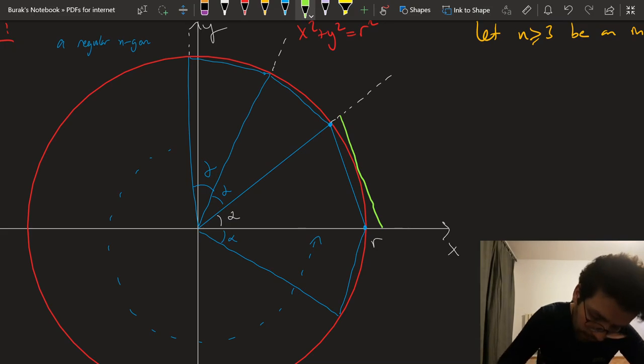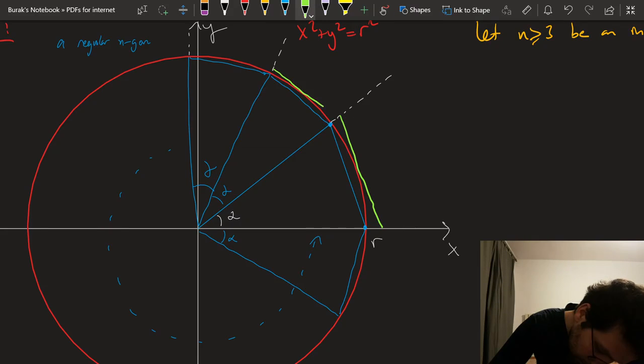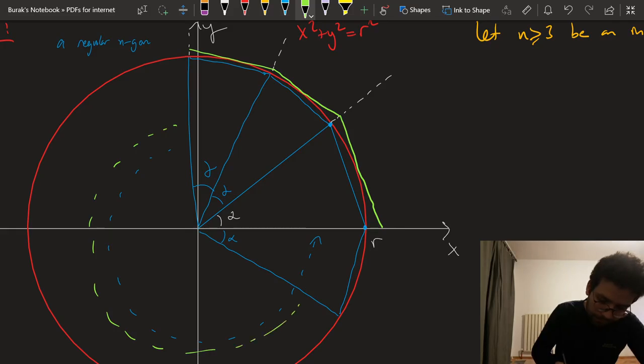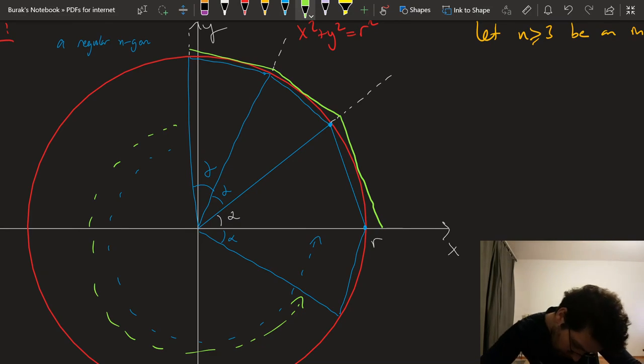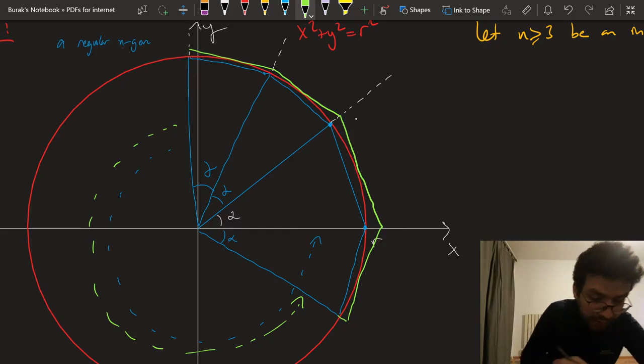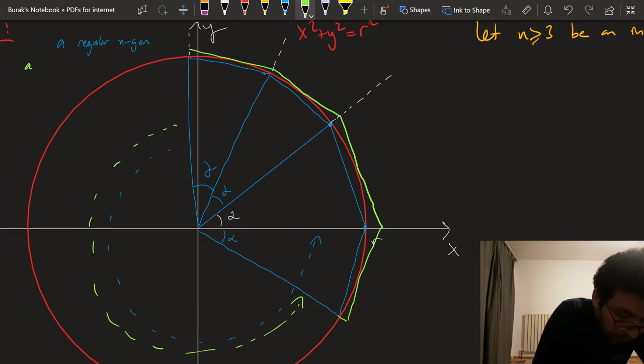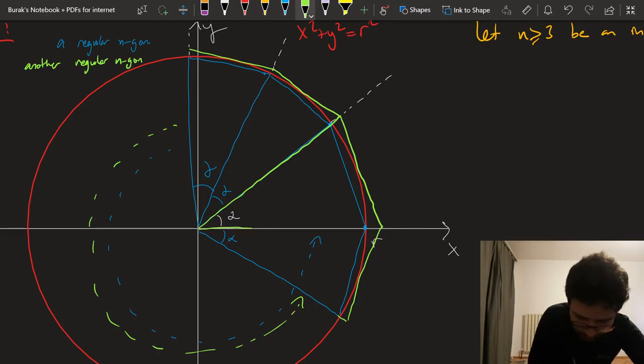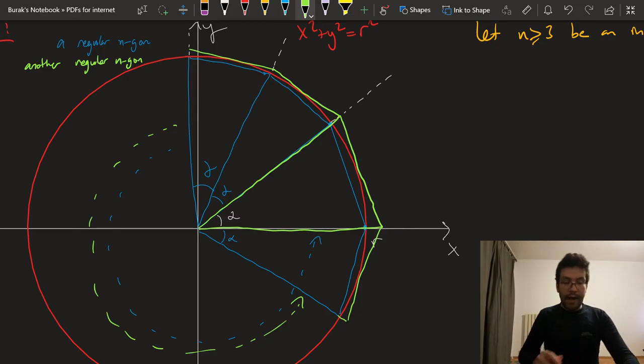And if you keep doing this, you will have another regular polygon. So you have that.